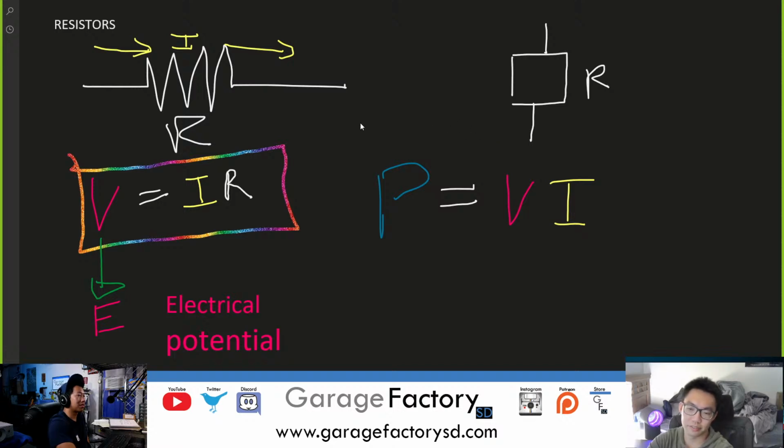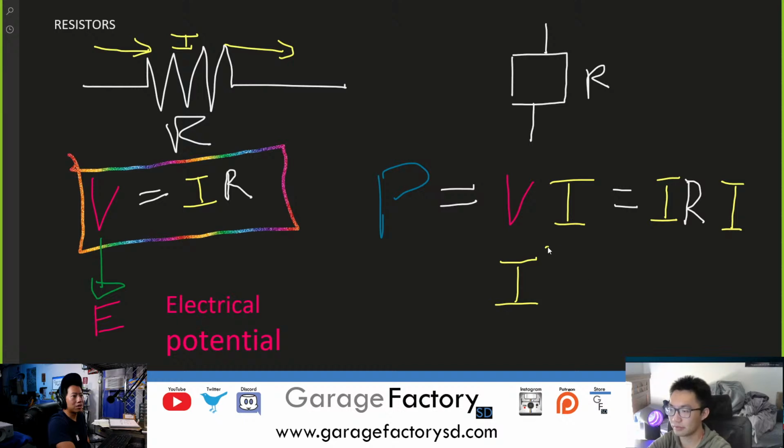There's no R. Well, you could substitute V equals I times R, so then you get P equals I squared R.